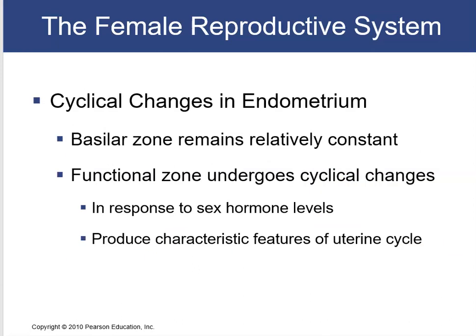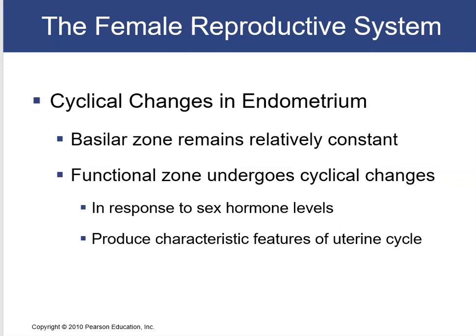Now, the endometrium undergoes cyclical changes through the monthly cycle. The basilar zone remains relatively constant throughout the cycle. It's the functional zone that undergoes the most changes. And it undergoes these changes in response to levels of the various sex hormones, and it will produce the characteristic features of the uterine cycle.